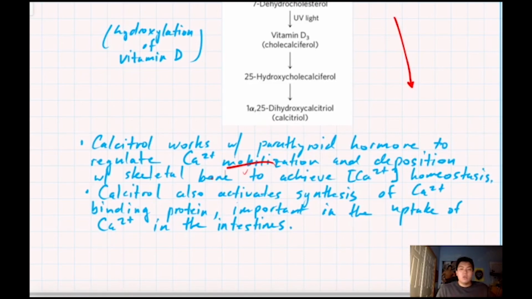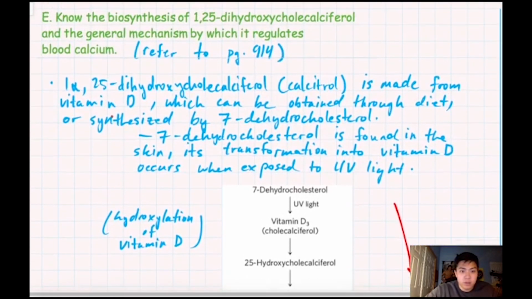If it's too high, then it's going to deposit onto your bones and make your bone kind of stronger, I guess. The second way is that it activates the synthesis of the calcium binding protein found in your intestines. This is important for uptake of calcium through your diet. So two ways calcitriol works to affect your calcium levels.